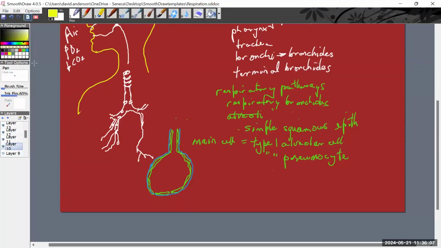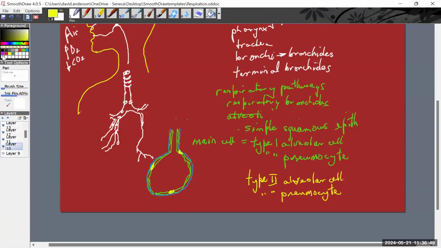So we also need to be aware of a type 2 alveolar cell, also described as a type 2 pneumocyte. We're not going to see as many of those. So we might see one wedged in here, and another one wedged in here. So these would be the location of the type 2 cells.